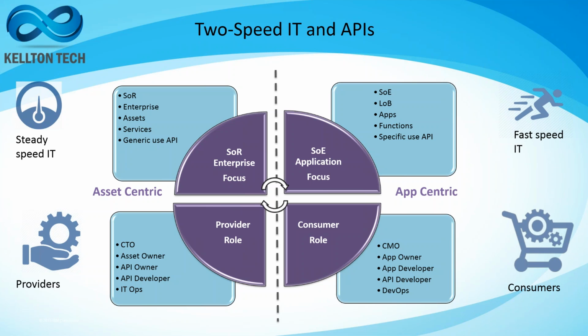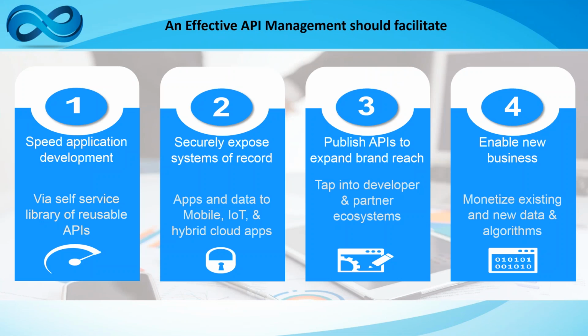So as we recognize, APIs are a key enabler for this digital transformation. You would want to have an effective API management solution that would facilitate rapid development of APIs, securely exposing the APIs, and also publishing the APIs to reach the customers or extend the reach of your organization to the outside, and also to monetize and measure the success of your API adoption.